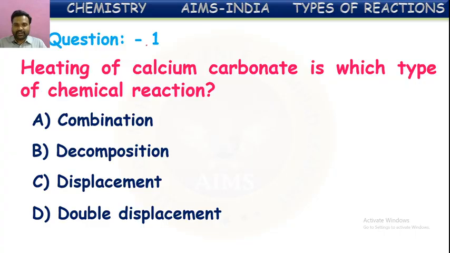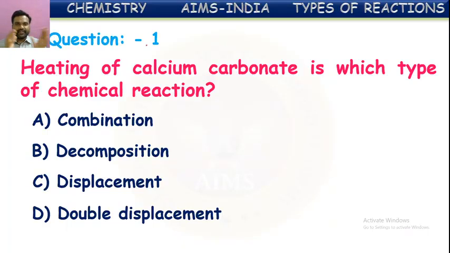So first let us see what happens if calcium carbonate is heated. We know that when calcium carbonate is heated, it forms calcium oxide, which we also call quicklime, and carbon dioxide gas. So calcium carbonate on heating splits into calcium oxide and carbon dioxide.